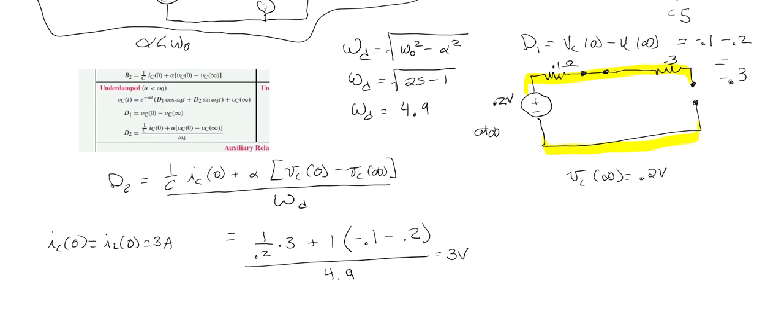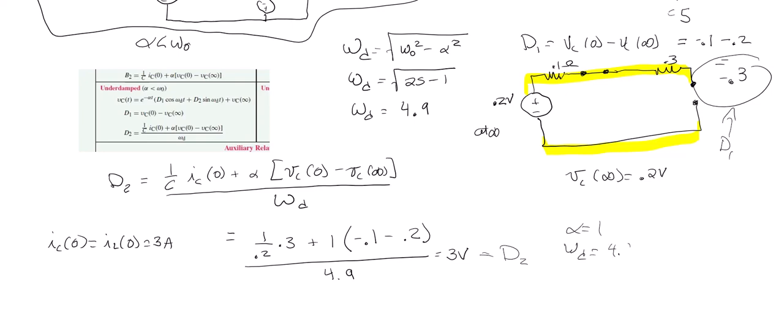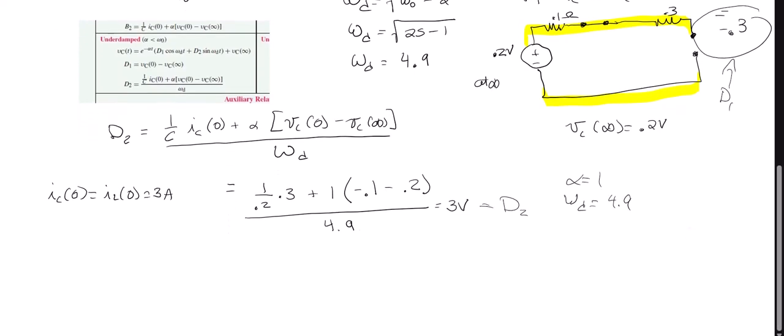So now I have D1 is right here. Here's D2. I have alpha was 1 and omega d was 4.9. So I have everything I need to plug into here.